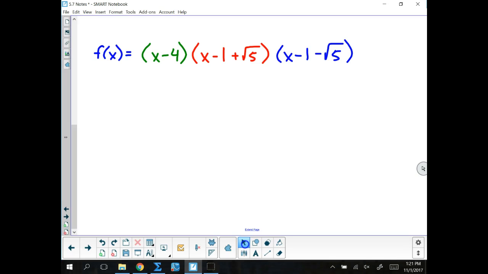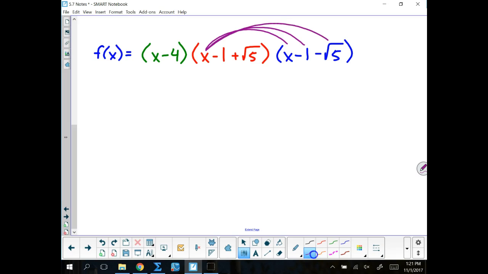Now, it's a trinomial times a trinomial, right? So that means we got to do 3 distributes. It's okay. It's not that bad. We'll go purple. So X has to go in there, right?